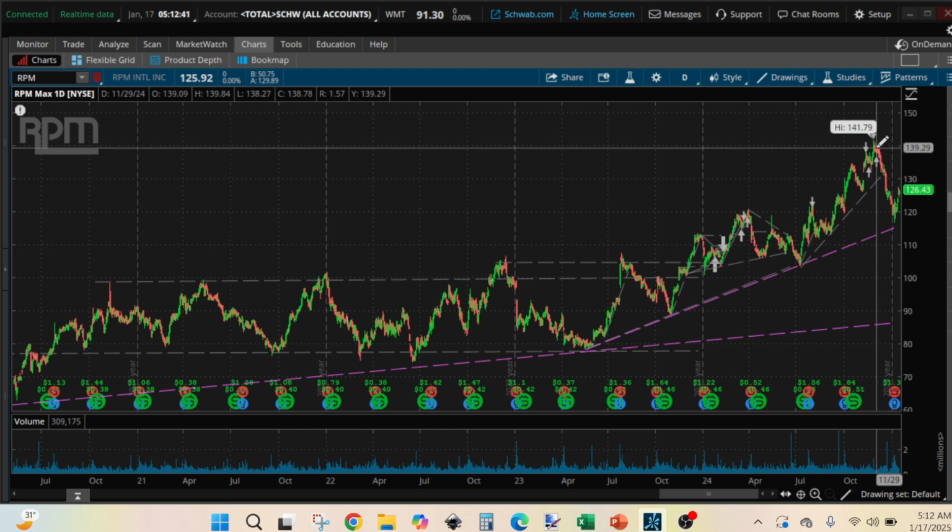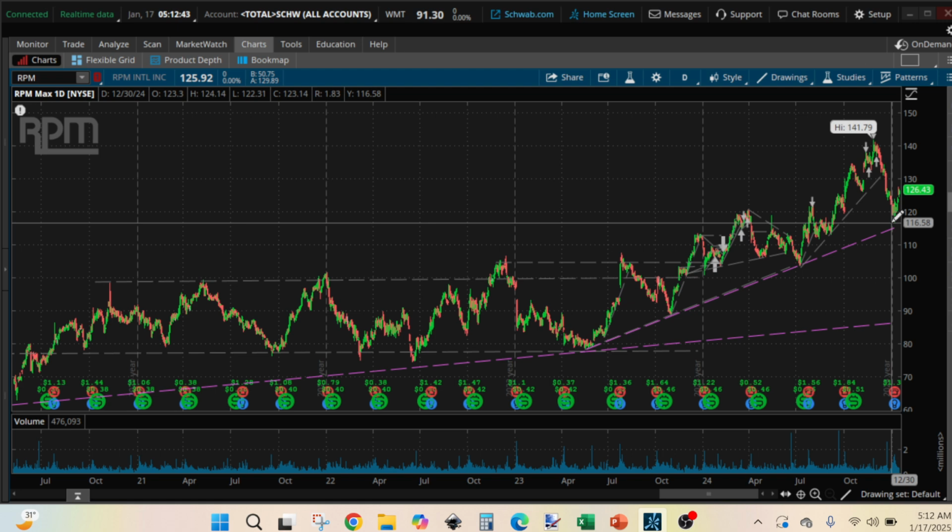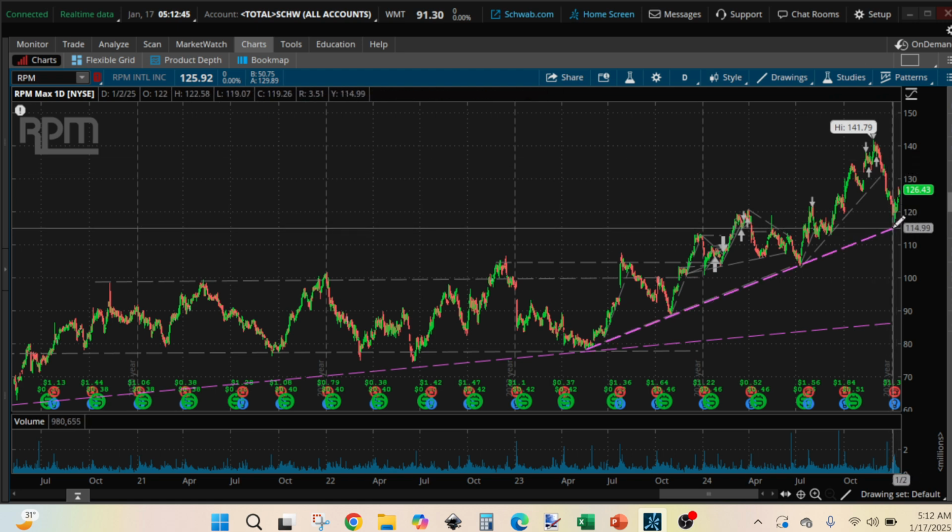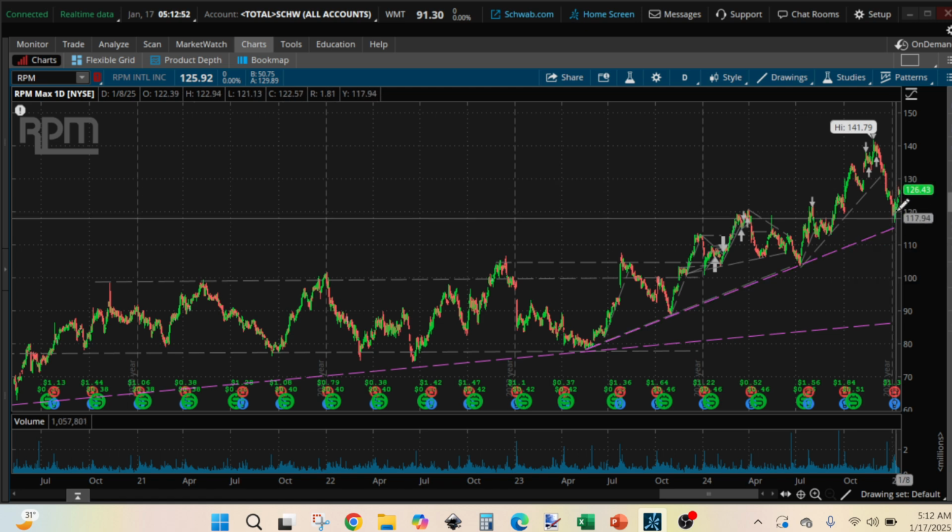Sell it before it reaches back to the trend line that we bought it at, and then buy it again.